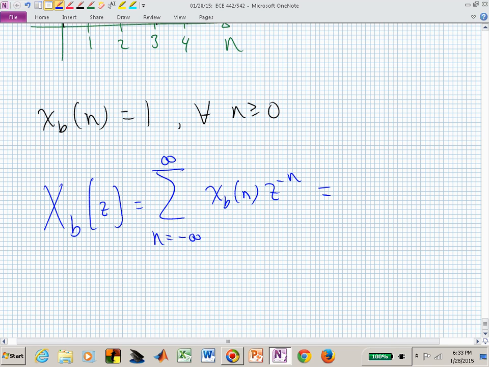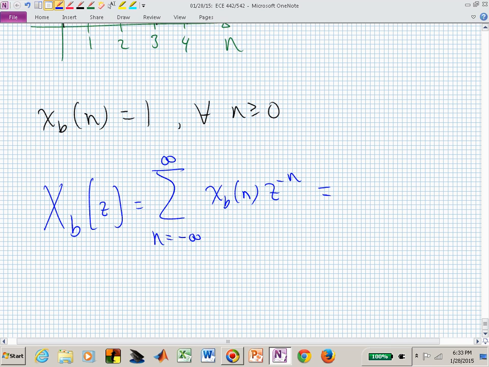Can we simplify the argument of the sum? Does that simplify at all based on what you know little x sub b of n is equal to? We can replace that time-dependent waveform x sub b of n with 1. It's always 1 for every value of n, except those negative n's.